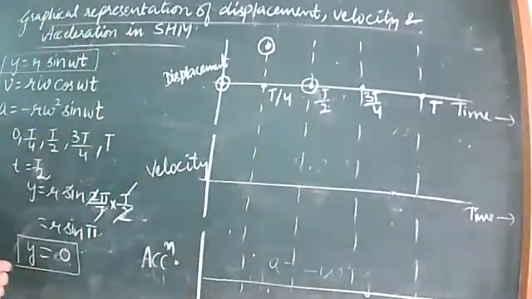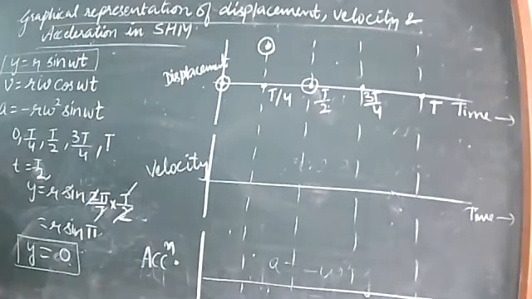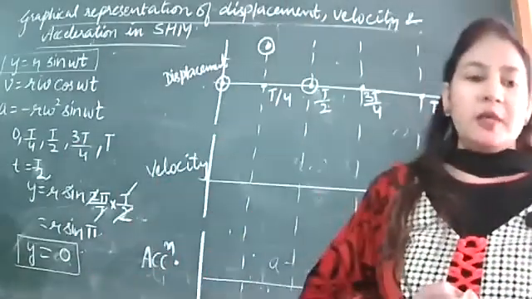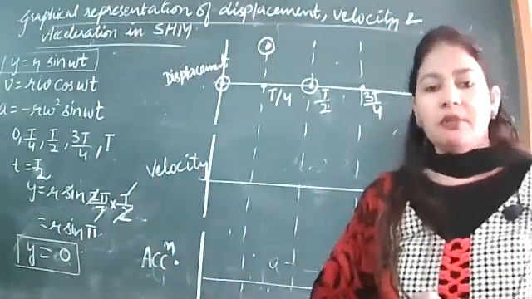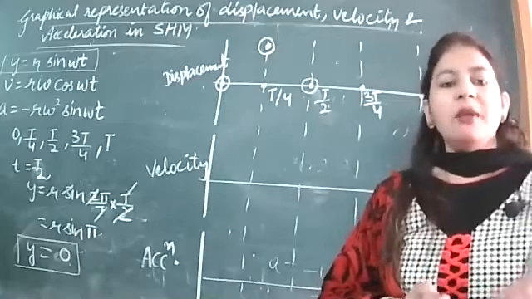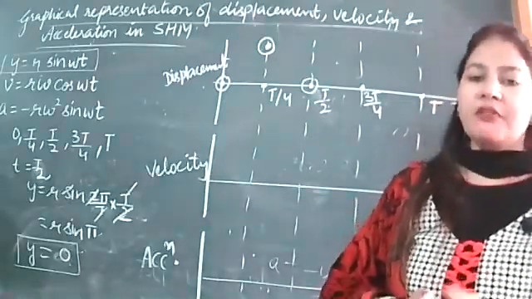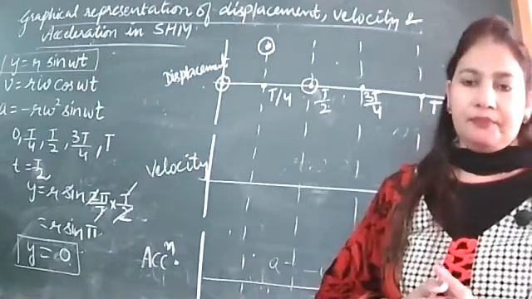So we mark our third point corresponding to t equal to T by 2. Check that the first 3 points are clear. Any doubt how I have calculated displacement by putting different time values? Now tell me for t equal to 3T by 4, solve this yourself and tell me what will be y.